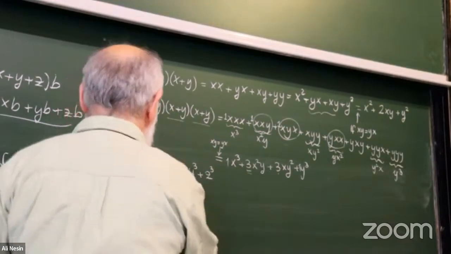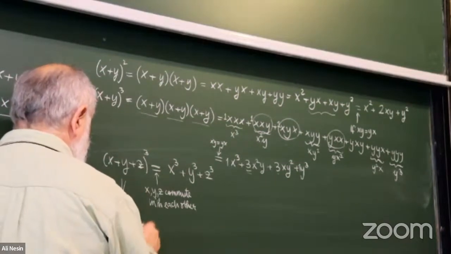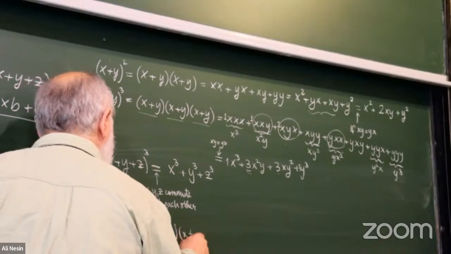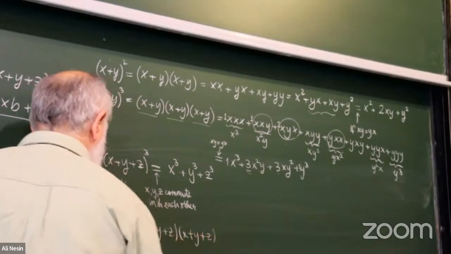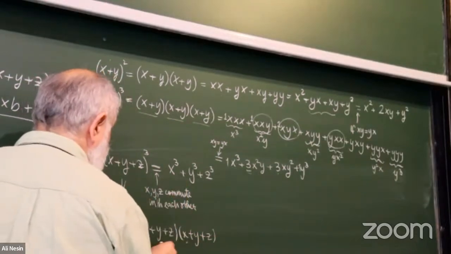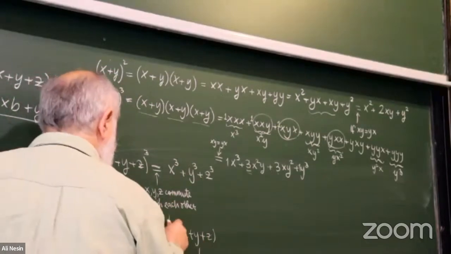You have 3 parentheses: x plus y plus z, x plus y plus z, x plus y plus z. You choose x from each of them to get x cubed. You choose y from each of them to get y cubed. You choose z from each of them to get z cubed.